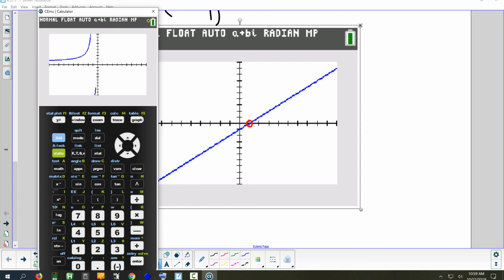So look at how this one looks. You get 2 vertical asymptotes. One at negative 1, one at positive 1. So when you do that, now the graph just broke up into 3 parts. We don't quite look at one like that. That's a little different than what we're going to do.